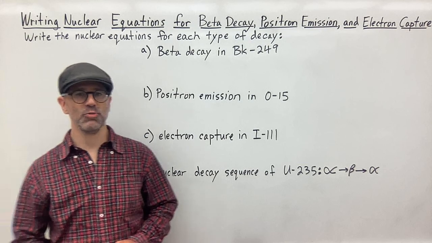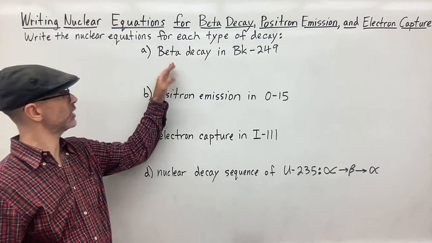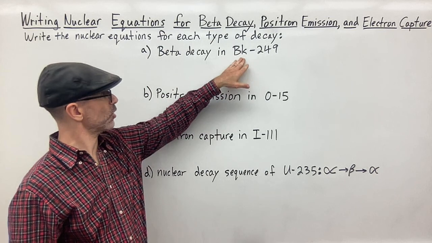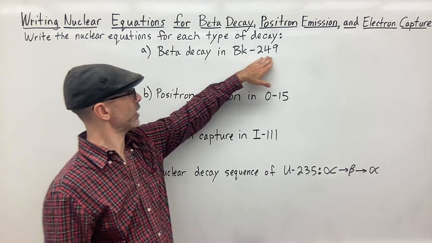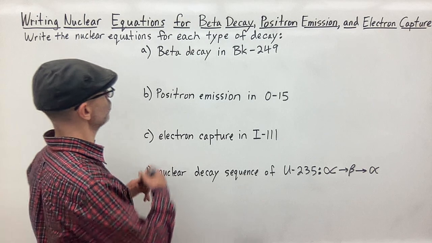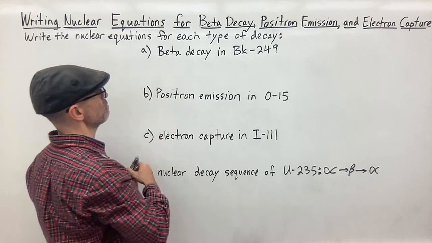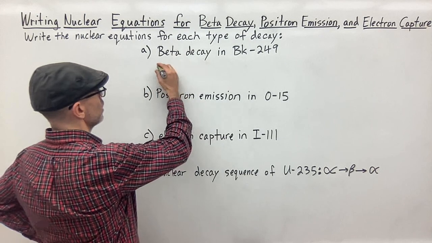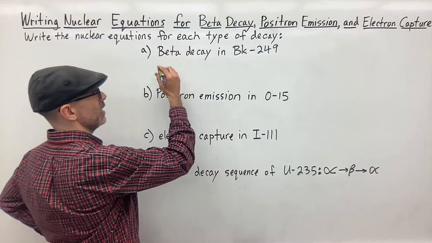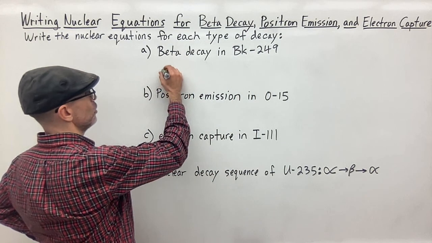So for the first one, we're asked to write the equation for the beta decay in berkelium 249. So BK 249. So once again, they're telling us it's beta decay. So we're going to start with BK 249. We're going to write that isotope symbol.